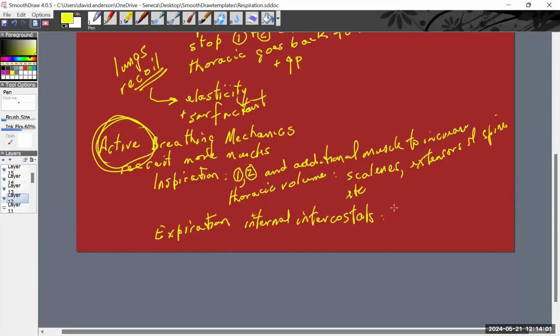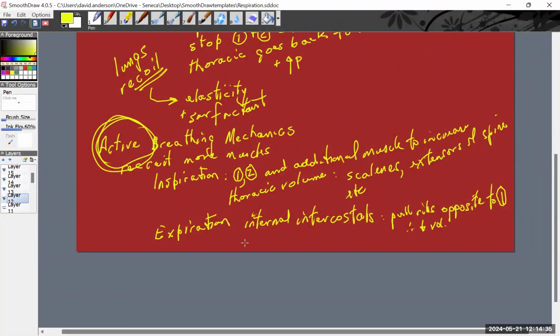And the internal intercostals, they're going to pull the ribs down and in. So opposite. Pull ribs in the opposite direction to what the external intercostals did. And that means that we're going to decrease volume.